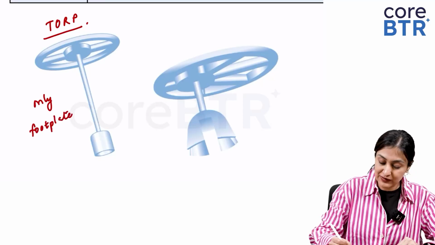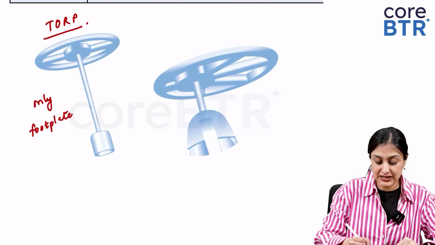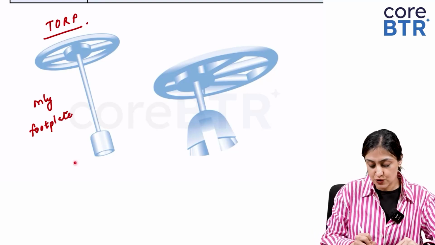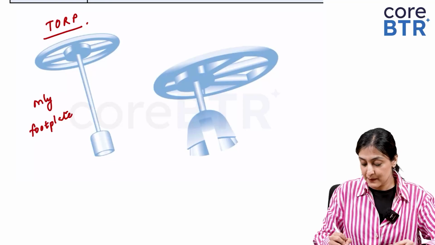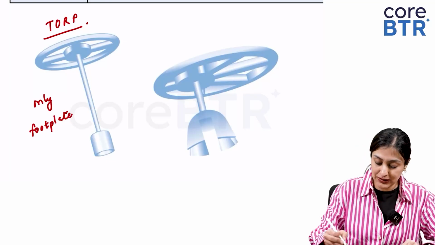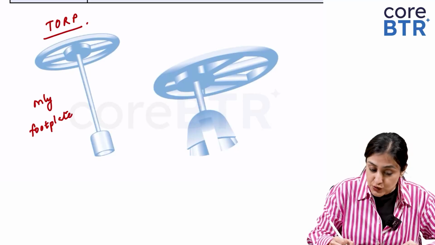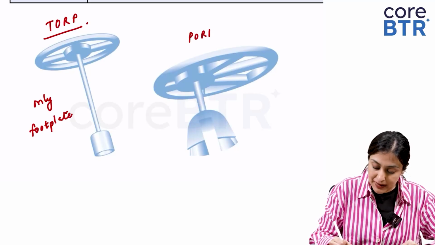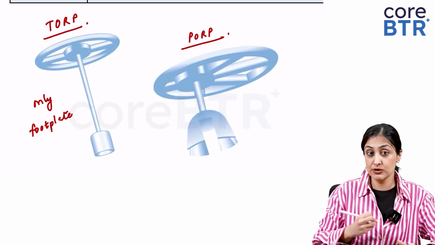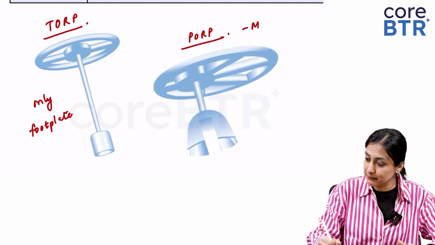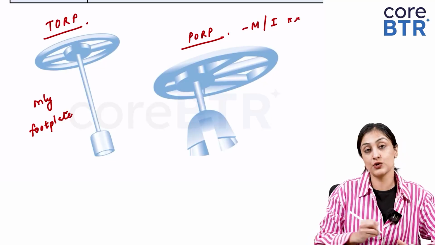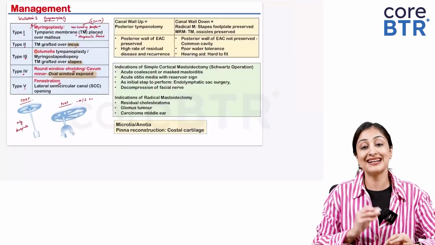This will replace the effect of malleus, incus and stapes, so you directly put this on the footplate. But this one will only replace malleus and incus. This is PORP, partial ossicular reconstruction prosthesis, and this is where only malleus and incus are not there. So this is about tympanoplasty.